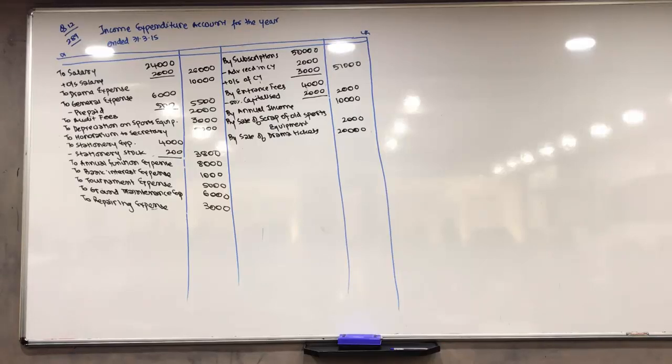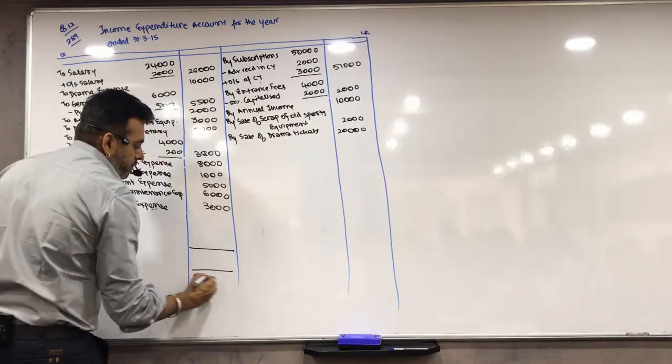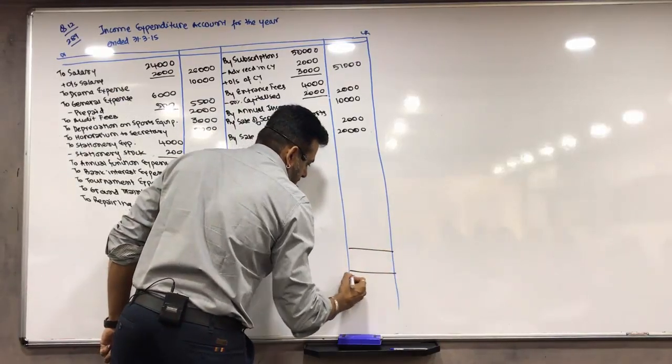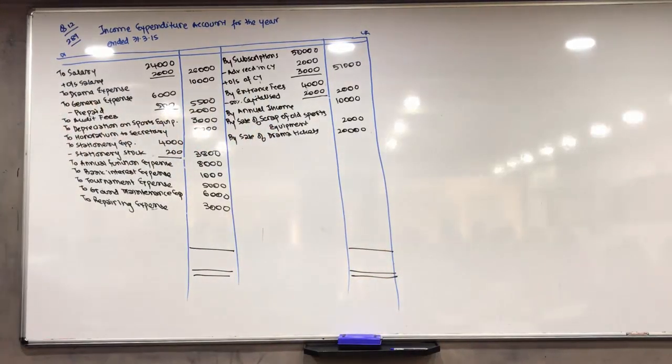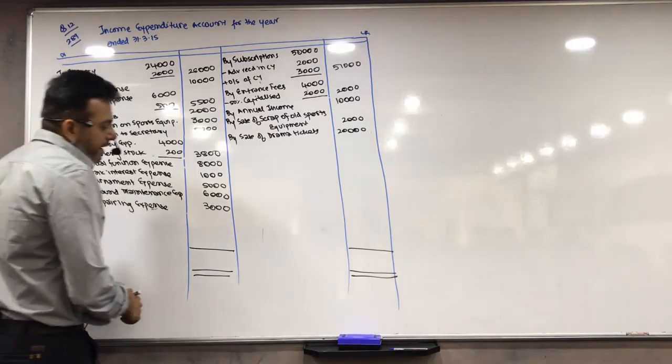All adjustments done. Find out surplus or deficit. Okay, so what are we getting?